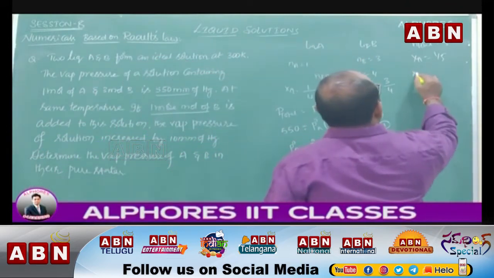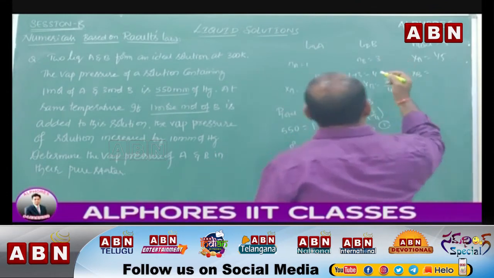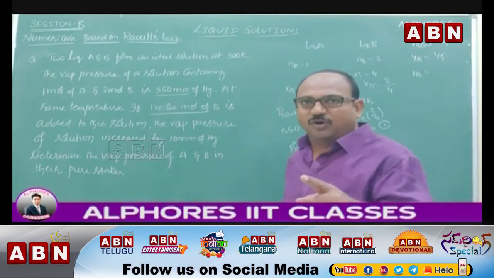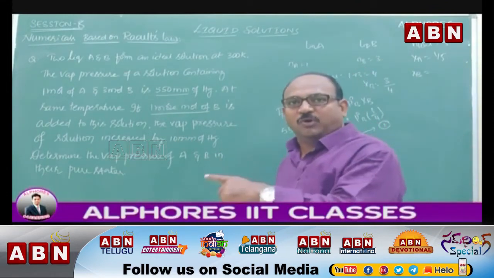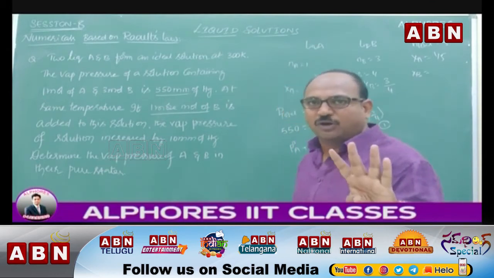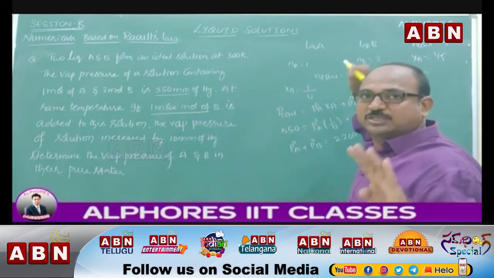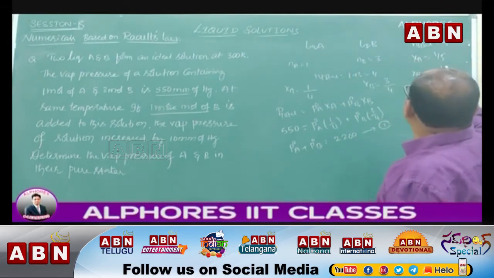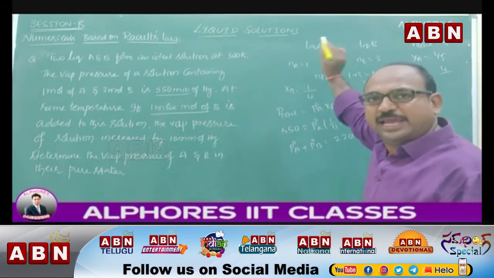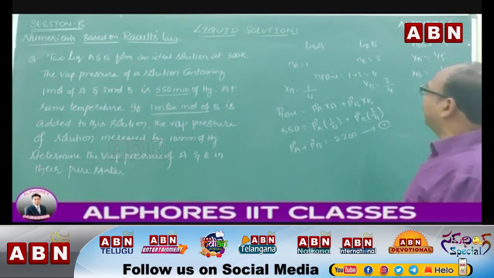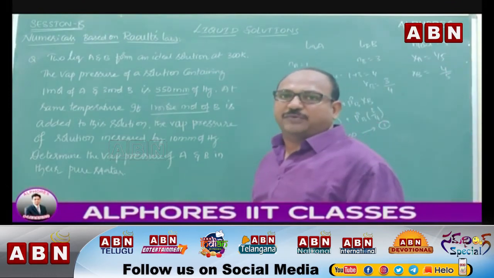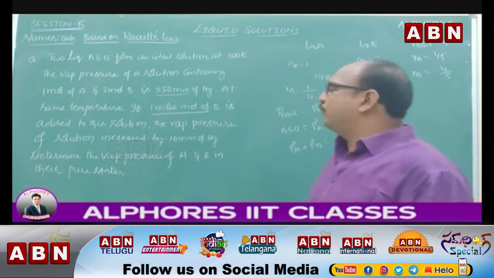Similarly, mole fraction of B is nothing but number of moles of B upon total. Earlier it was 3 mole. Now we are adding 1 more mole, so total number of moles of B is 4, and 4 by total number of moles of A and B, 1 plus 4, 5. So XA is equal to 1 by 5, XB is equal to 4 by 5.